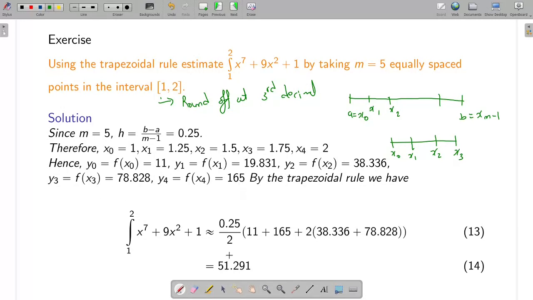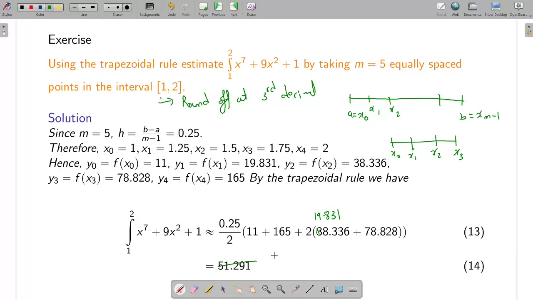Now, by the trapezoidal rule, this integral would be approximately h by 2, that is 0.25 divided by 2, into y0, that is 11, plus y4, the last one, that is 165, plus twice everything else. Yeah, there is a mistake here, so you would also need to add 19.831.